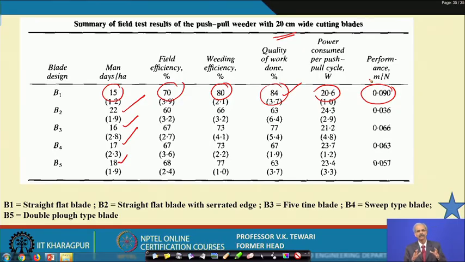Now we will talk of the advanced level of mechanization, particularly for these operations in our next lecture, where the idea is to use advanced technology for minimizing the inputs and maximizing the outputs, because we are not getting labor, etc. Up to this we have considered the mechanical, biological system and flame weeding, etc. Now we will talk of the advanced level where sensors, electronics and mechatronics could be used. That will be taken in my next lecture.